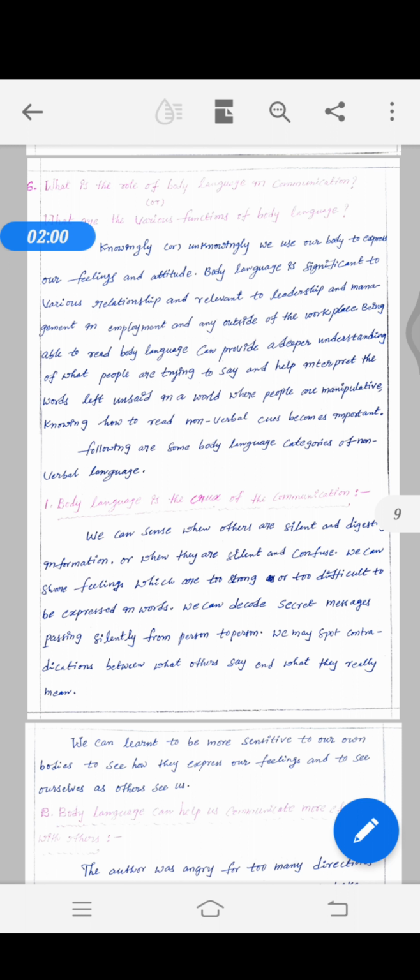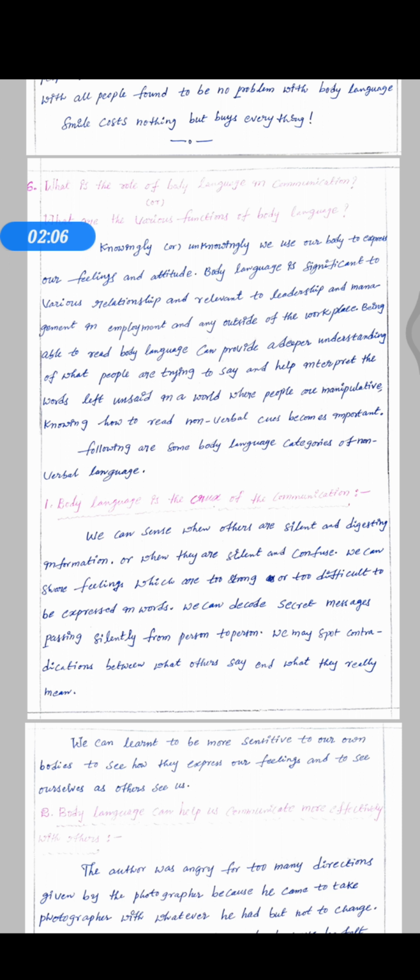Knowingly or unknowingly, we use our body to express our feelings and attitude. Body language is significant to various relationships and relevant to leadership and management in employment and outside of the workplace.